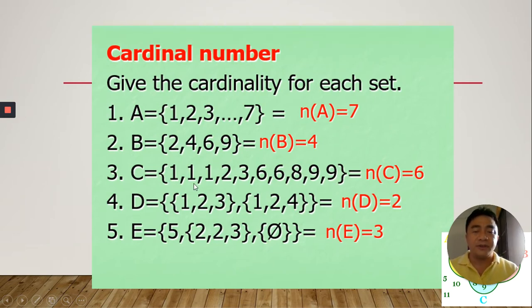Do not count this as 3 elements, but only 1 element. This one is 1 element, this one is another element. Even though they are enclosed in a brace, they are part of the elements. So we have here 2, and the last one you have 1, 2, and 3 elements.